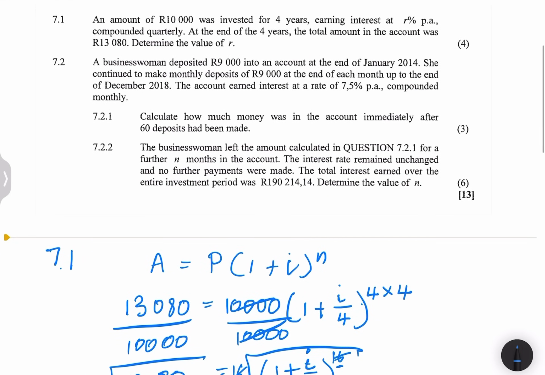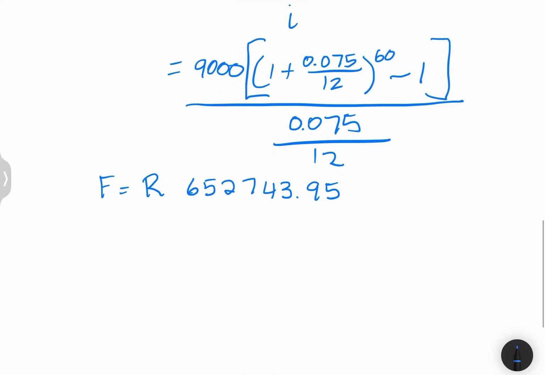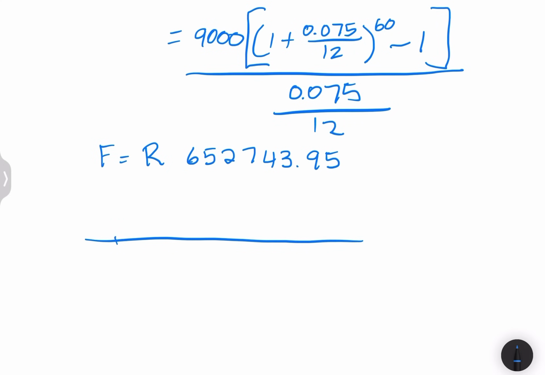Now, let's get to the next question. They say the businesswoman left the amount calculated in question 7.2.1 for a further n months in the account. All right. So, obviously, at month 60, she's now made so many deposits, and then at month 60 she leaves that amount, which is the 652, for a further period, which obviously we don't know what that period is in this case.